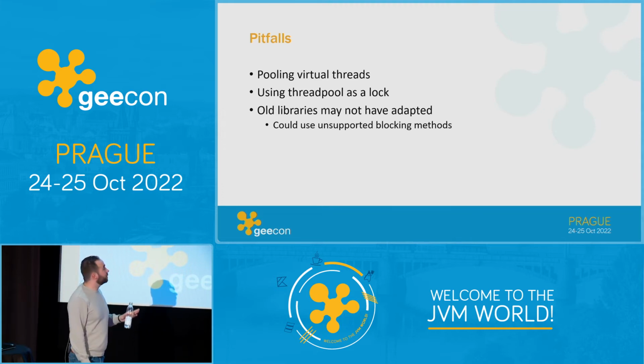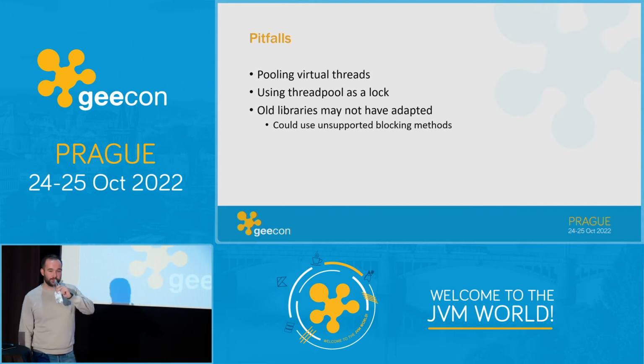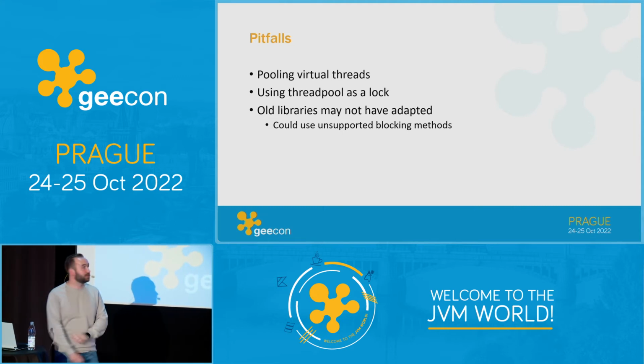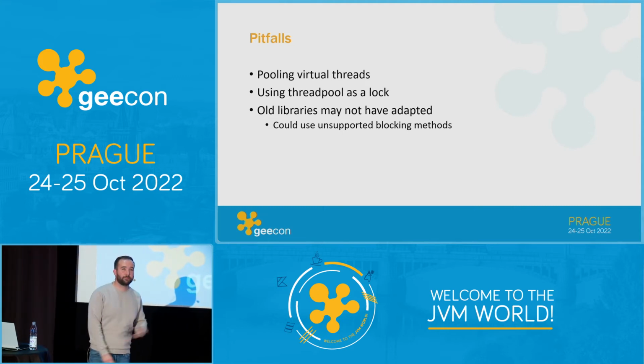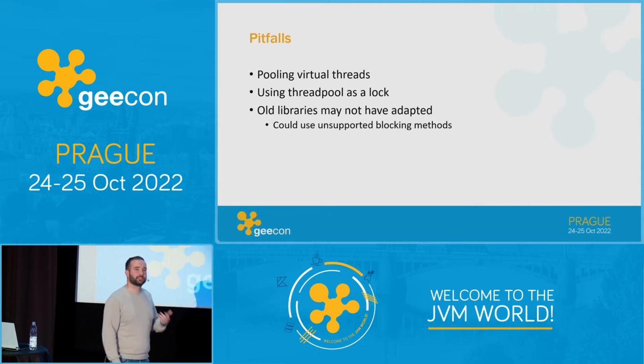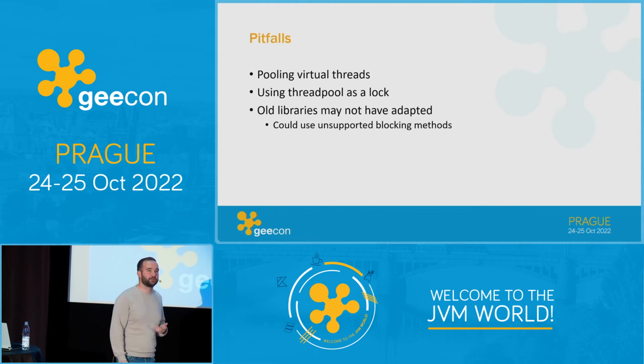And the other one is that old libraries may not have been adapted yet. You may start wondering, but he said they were backwards compatible. Yes, they are. But there may be moments where the old library is written with the idea that threads are very expensive, and now these virtual threads are very cheap.